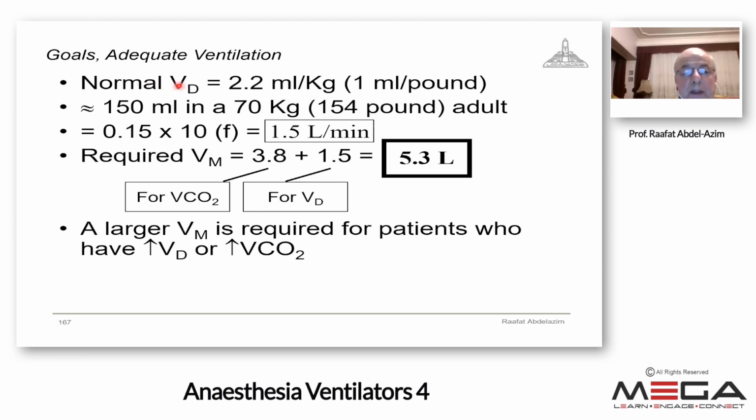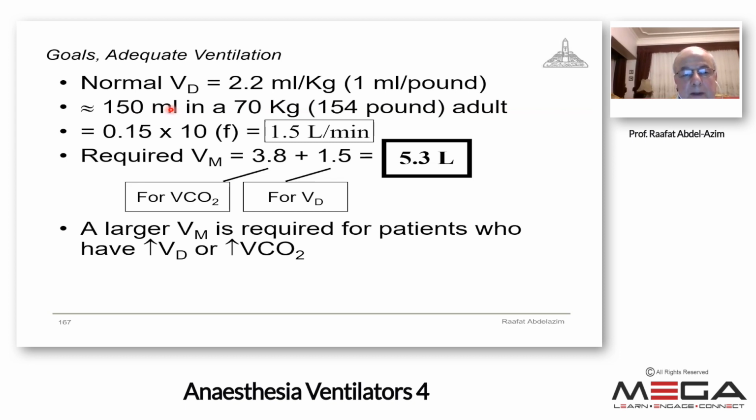So the normal dead space is 2.2 milliliter per kilogram. For an average adult patient of 70 kilogram, it is 2.2 times 70, about 150 milliliter.